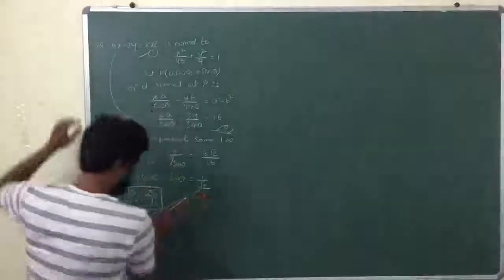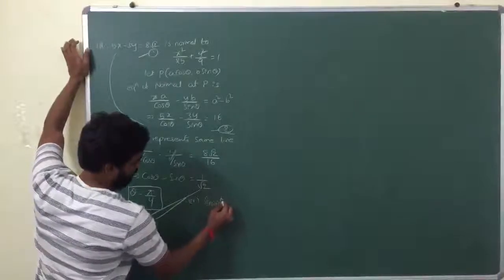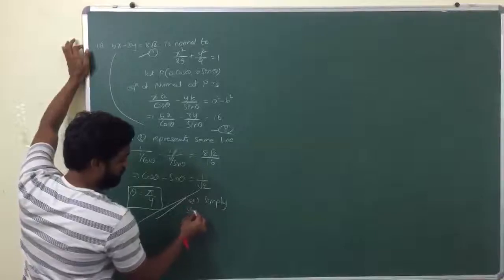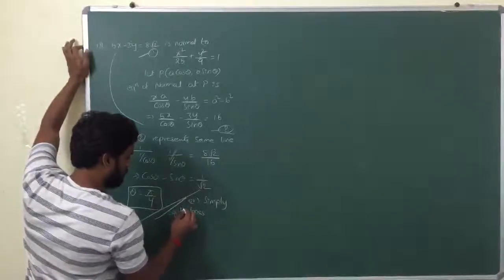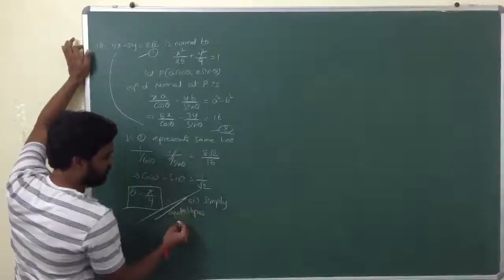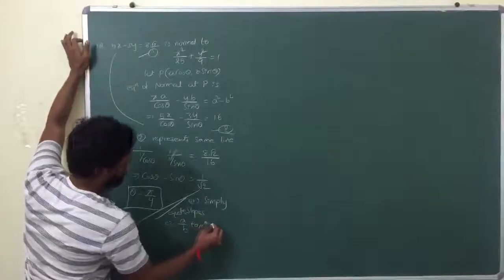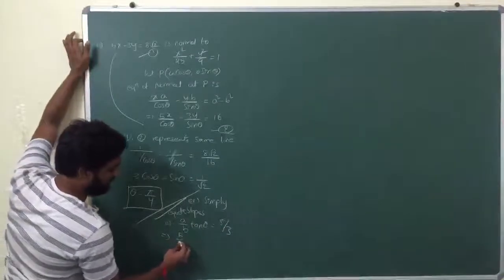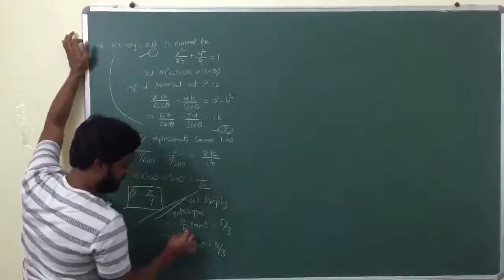Or simply equate slopes. So a by b tan theta is equal to 5 by 3. So 5 by 3 tan theta is equal to 5 by 3.